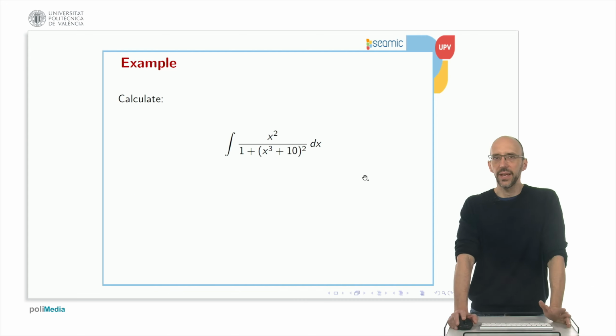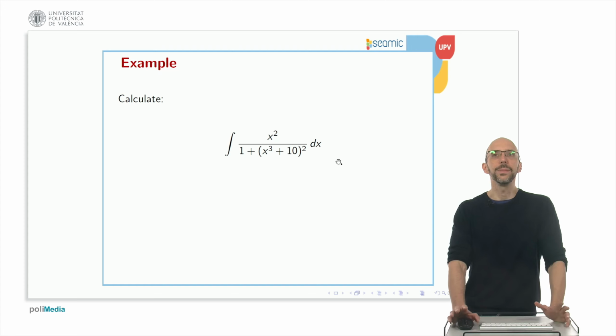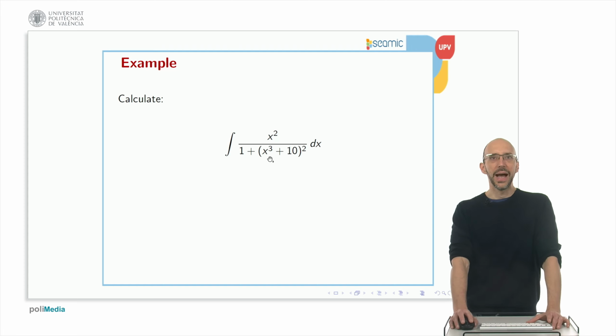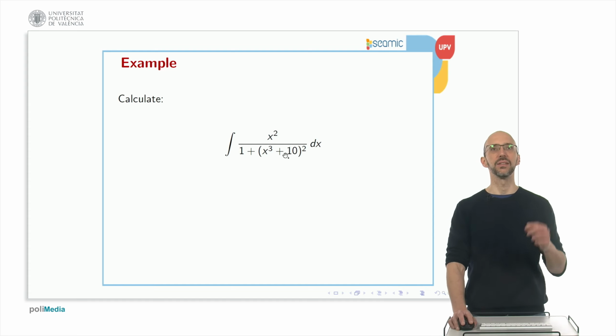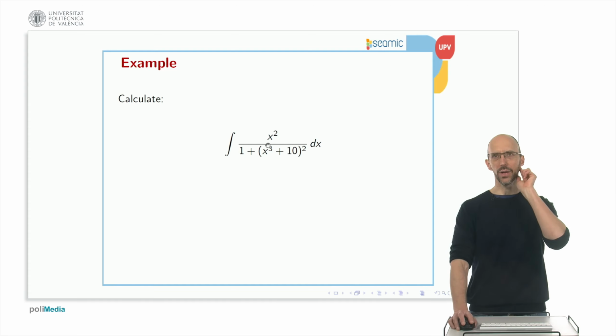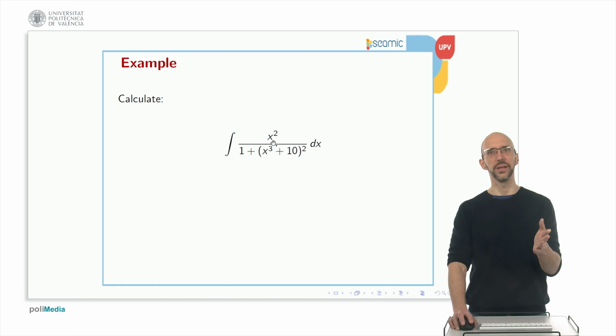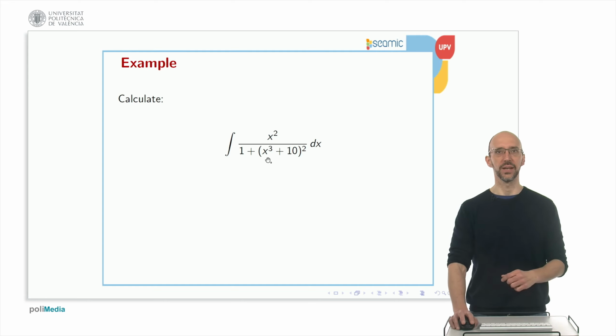Another one, piece of cake again. But in this case, we are missing something. I see the function squared, perfect. I see the 1 plus, perfect. The formula seems to work perfectly in this case. The function is x cubed plus 10. What is the derivative of x cubed plus 10? It is 3x squared. Okay, I got the x squared on the numerator, but I don't have the 3. Can I solve it? Yes, because it's a number.